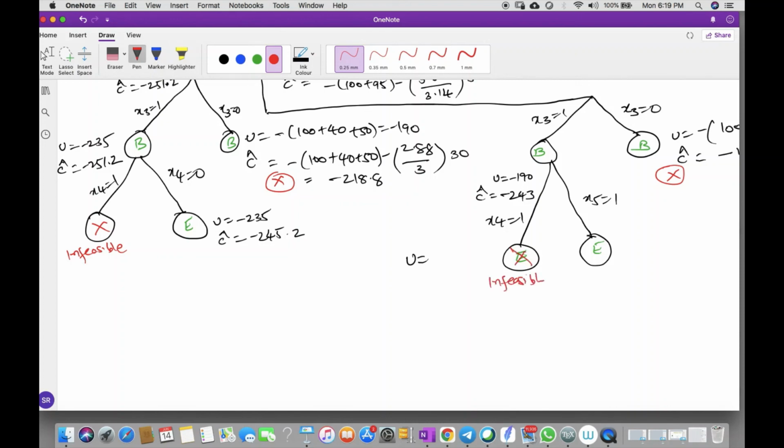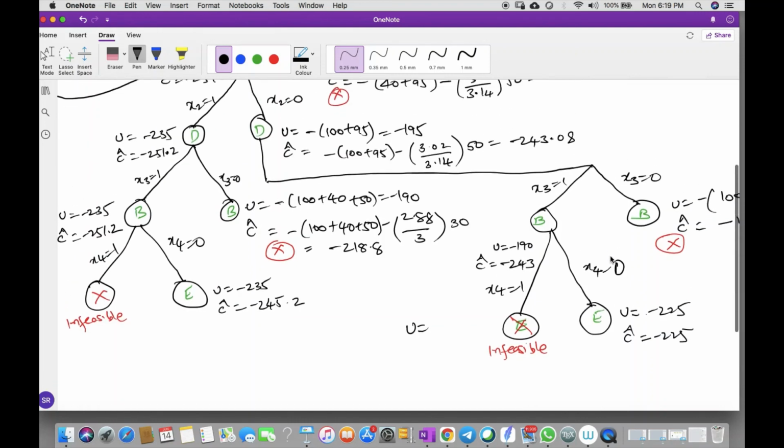There is no need to pursue that. What happens to this particular node? Here x5 is equal to, sorry, this is x4 not x5. So x4 is equal to 0 and not 1. When x4 is equal to 0, our u value is minus 225 and the C cap value is minus 225.